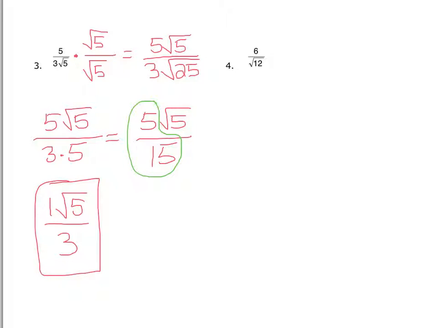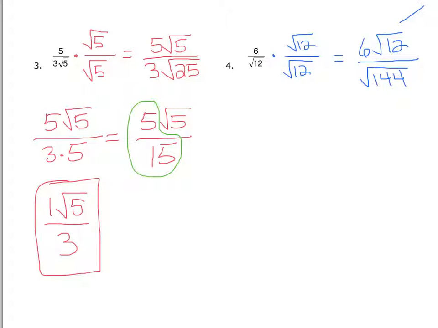For example number 4, we are going to multiply the top and bottom again by the radical we see. So we're going to use radical 12. That's going to give me 6 radical 12 on top over radical 144 on the bottom.